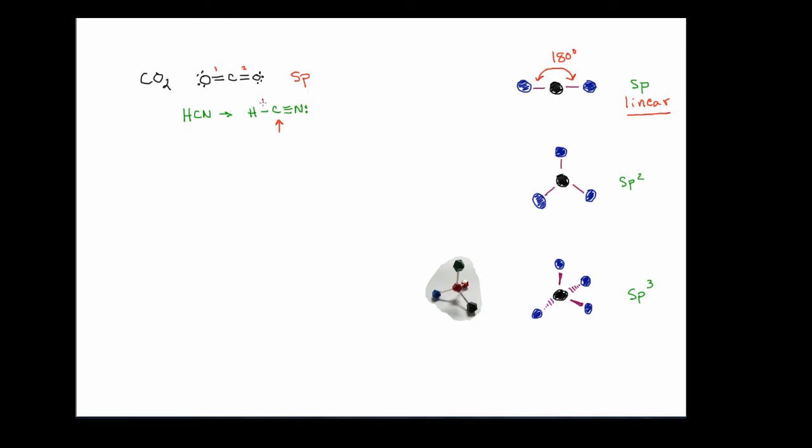There are 1, 2 bonding units. So again, the hybridization here is sp. Therefore, the geometry around this carbon is linear, and the bond angle is 180.